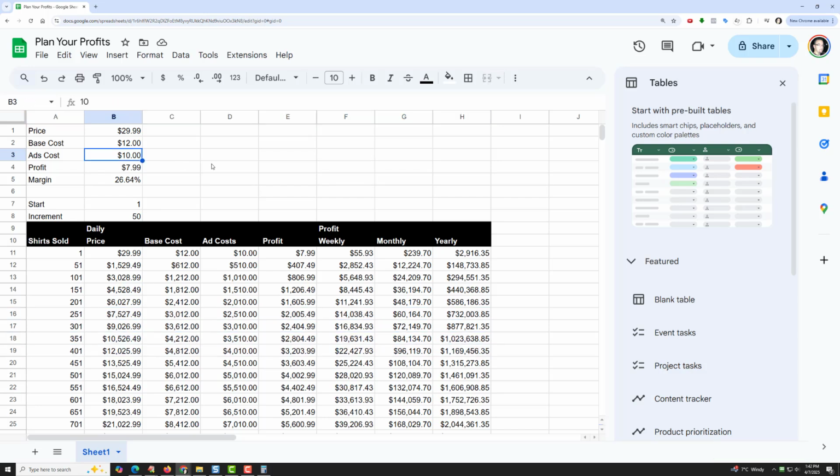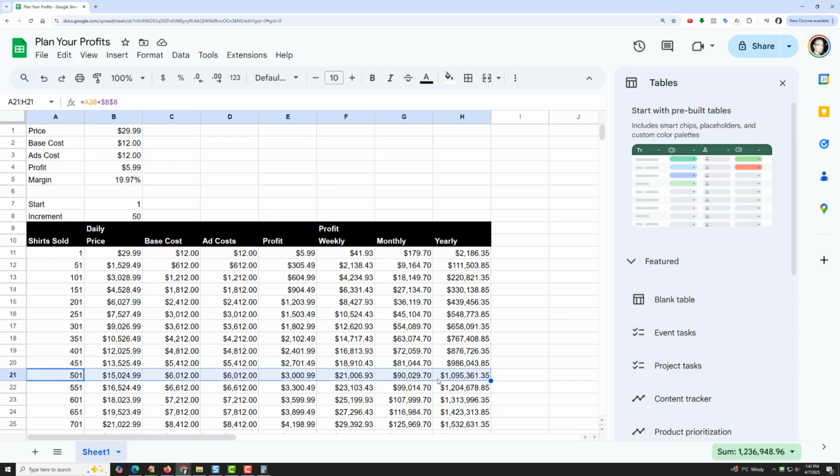And let's make this more reasonable, because 26% is way too big. Let's say 12. We'll go 19%, which means you would have to be selling 501 shirts per day at $29.99 with that base cost and that ad cost. That's before tax and before expenses like fees from Shopify and places like that.